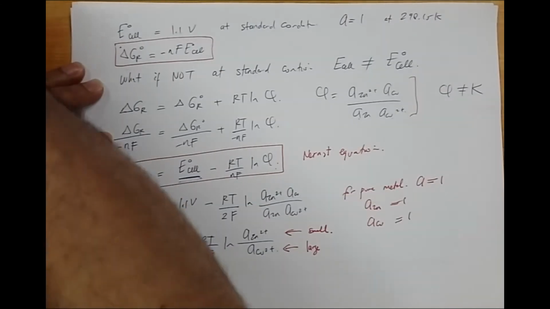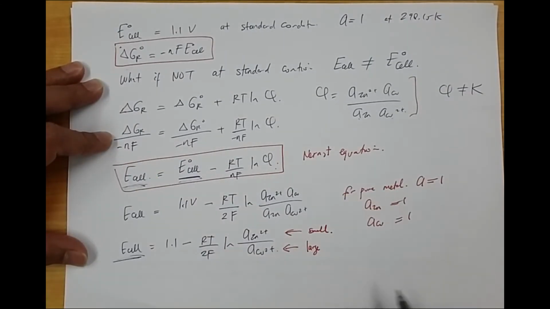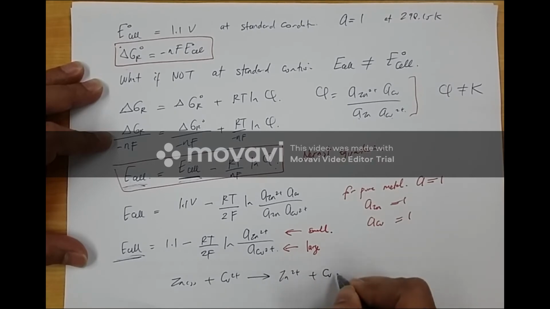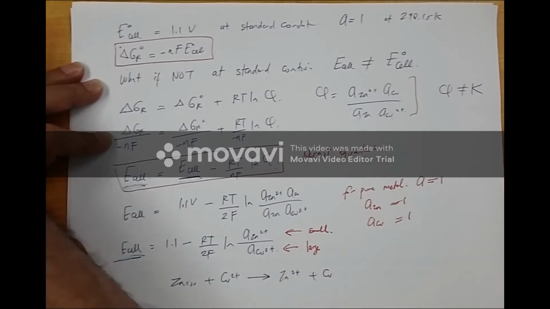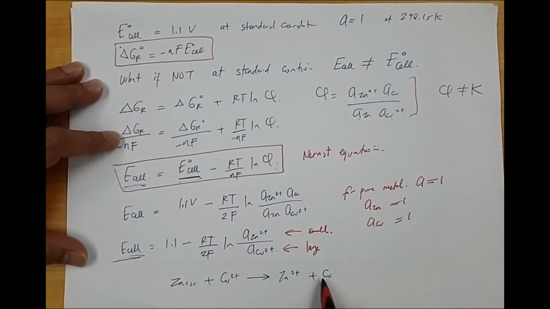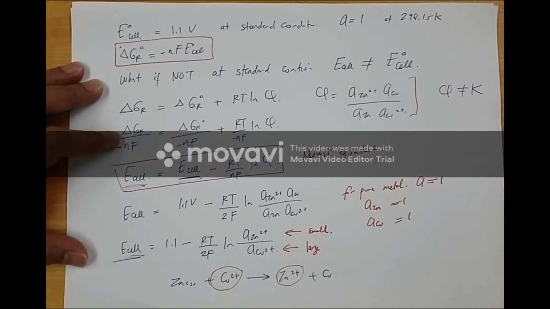So the net reaction of the Daniell cell is that you have solid zinc plus copper 2 plus going into zinc 2 plus and solid copper. If you want to maximize the reaction to the right, of course you make this amount large and make this amount small. So the driving force is large in the forward direction.